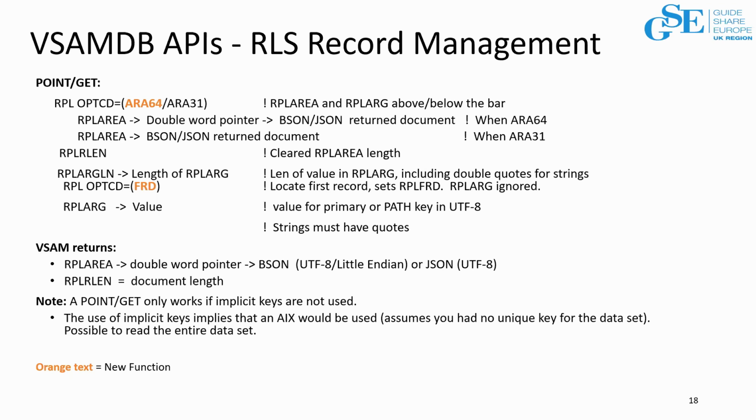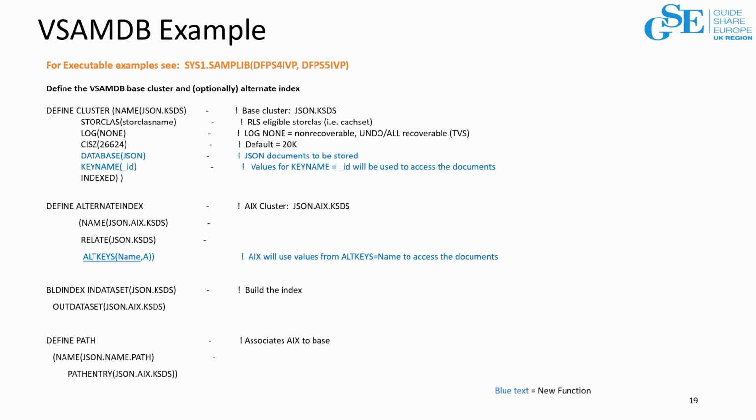These are all documented. I'll point you to the books later on with the documentation. Again, for anybody who's not a VSAM developer, all of this is going to look kind of gibberish. It's hard to understand if I don't understand assembler or Metal C. This certainly has its limitations.